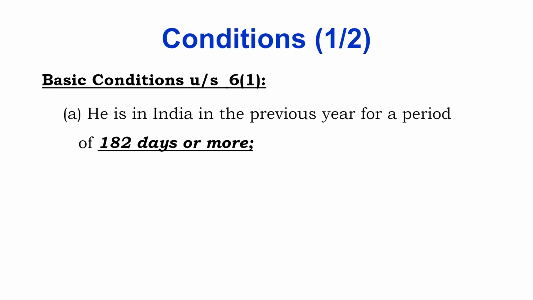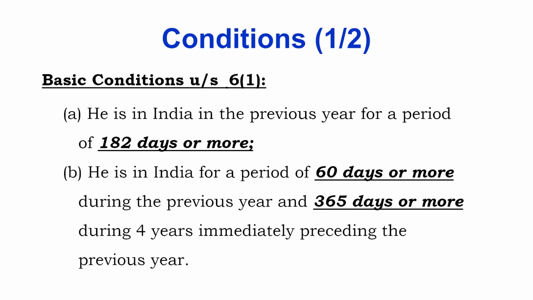Now let's see the conditions. The basic conditions mentioned under Section 6(1): (a) he is in India in the previous year for a period of 182 days or more; (b) he is in India for a period of 60 days or more during the previous year and 365 days or more during 4 years immediately preceding the previous year.